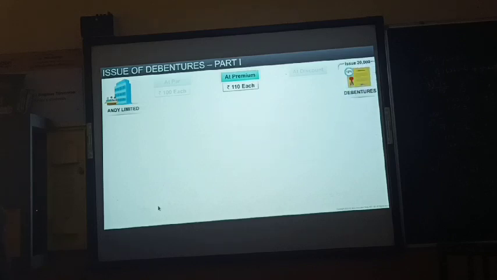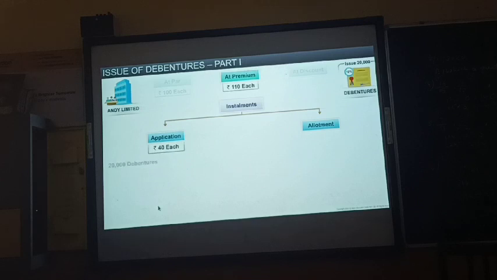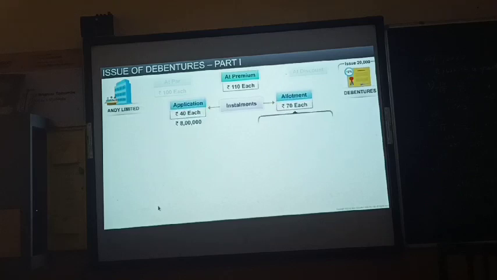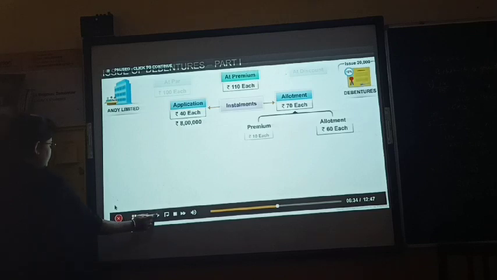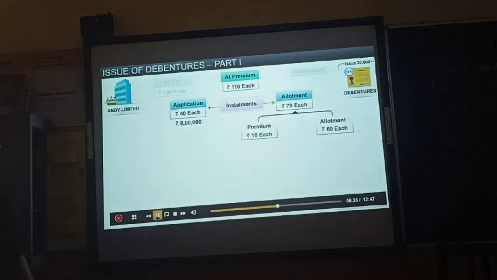Now, further assume that the board decided to collect the amount of 110 rupees in 2 installments. That is, 40 rupees on application and 70 rupees on allotment. The premium amount is usually collected with the allotment money. So, 70 rupees on allotment includes the 10 rupees premium.